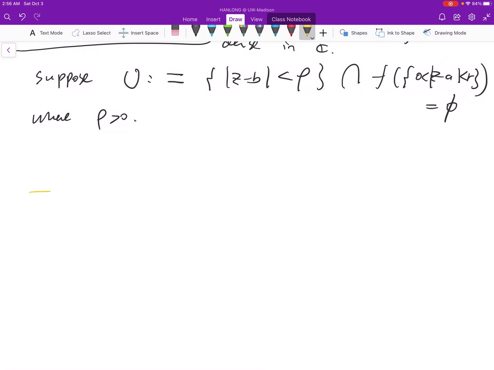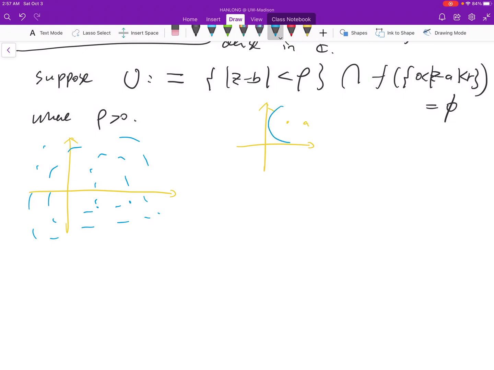Let's understand this statement. Now the blue part is the image.